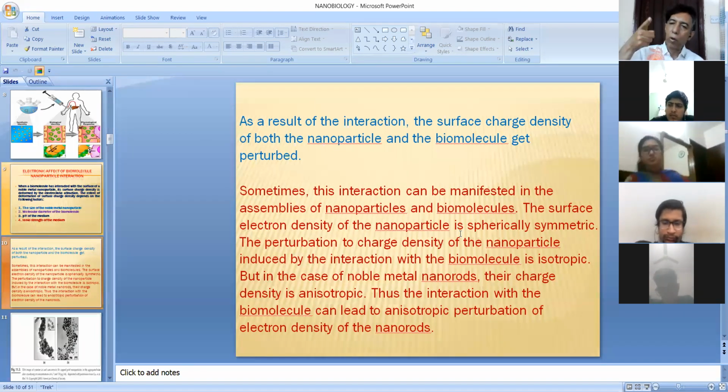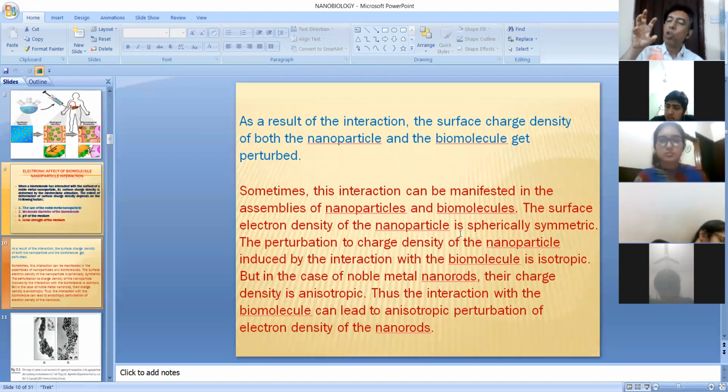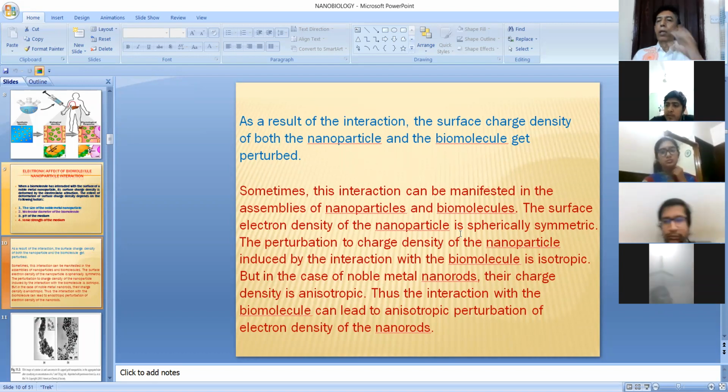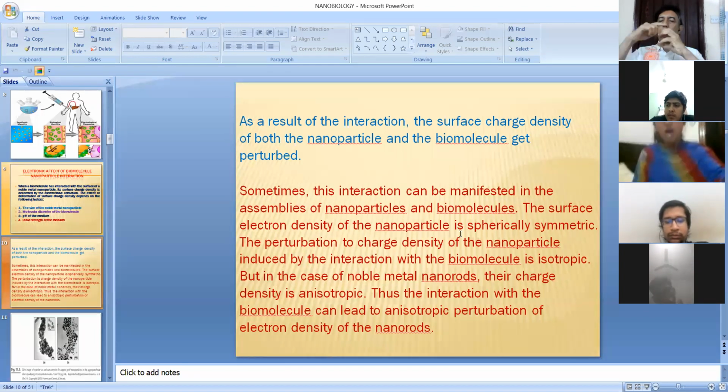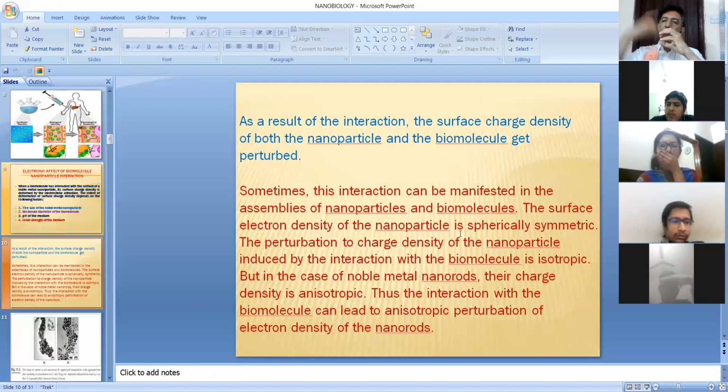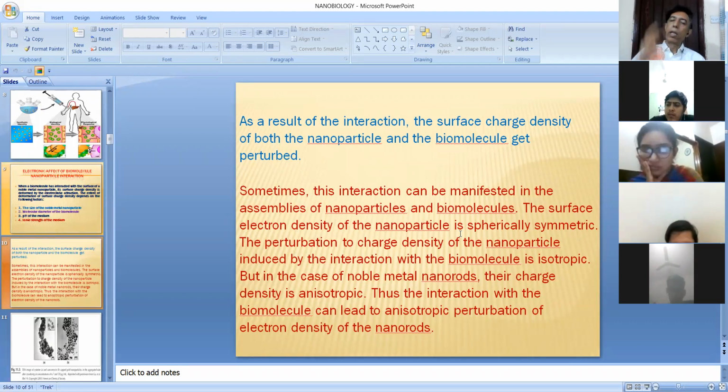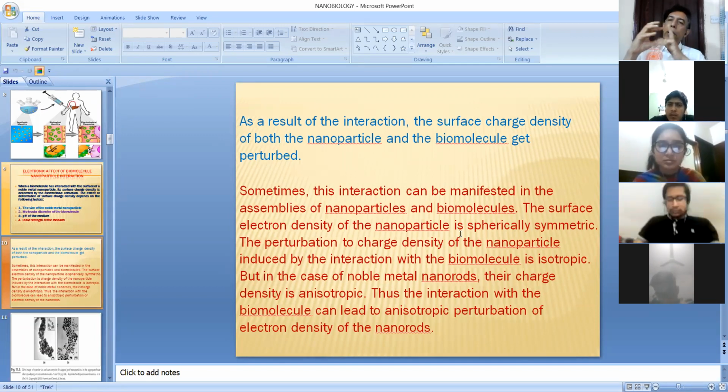If it is spherically symmetrical, the deformation is generally isotropic. Isotropic means the deformation occurs similarly everywhere. That is called isotropic.